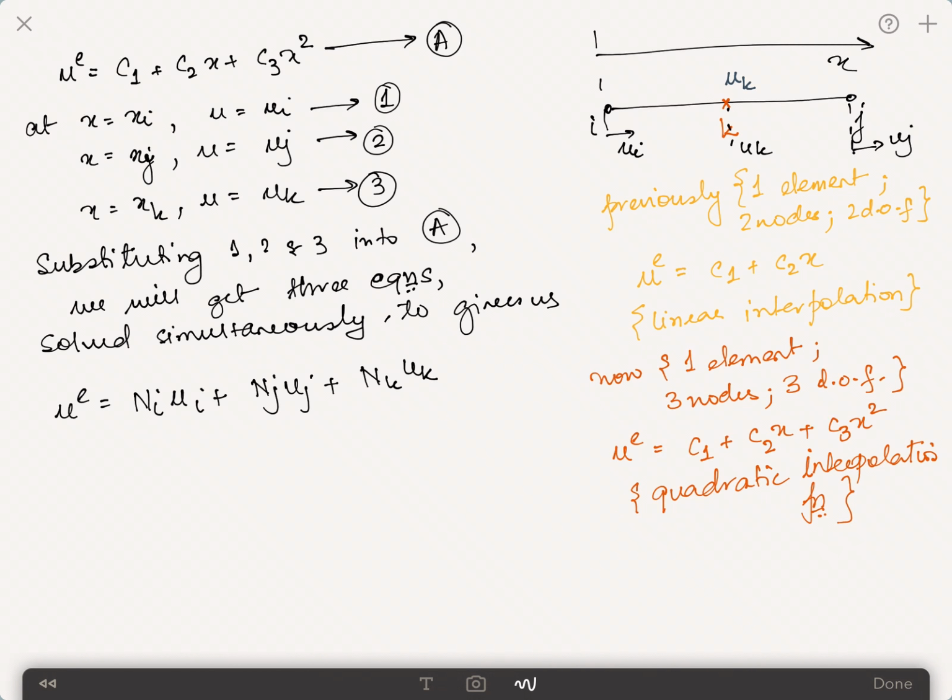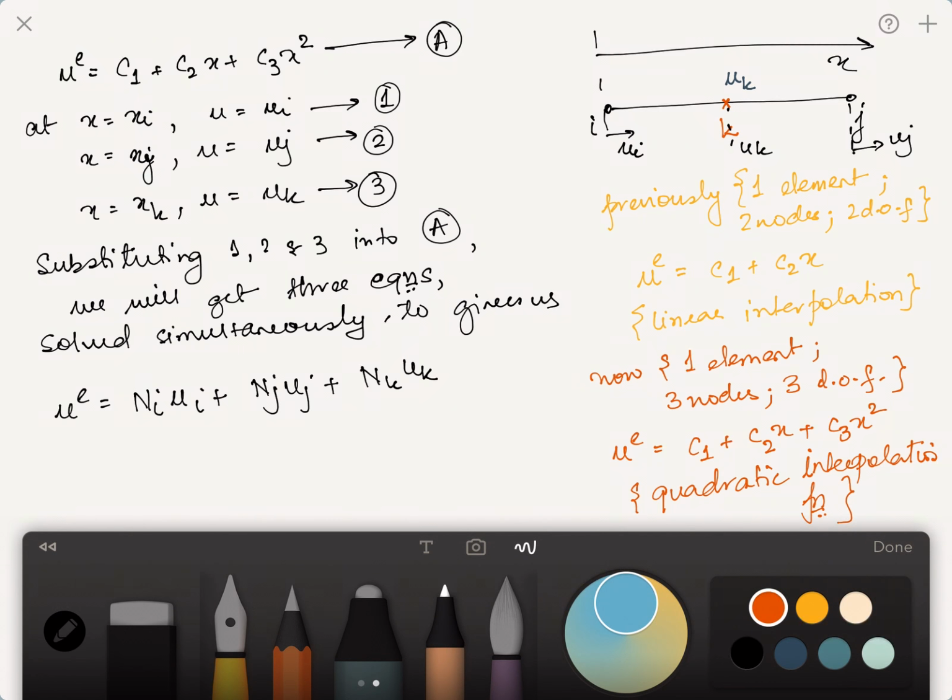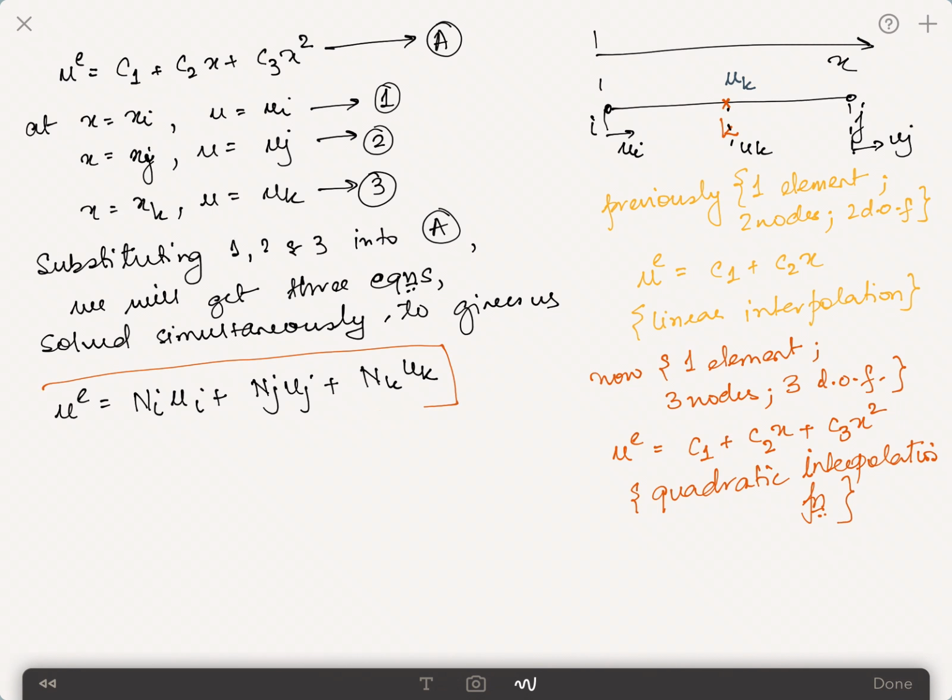Of course, once you substitute equation 1, 2, 3 back into A, you will get 3 different equations. You will solve them simultaneously, and then you would have to rearrange them in such a way that you get your shape functions ni, nj, and nk for the corresponding degrees of freedom in the system. So this is basically a very important result that you were looking for.